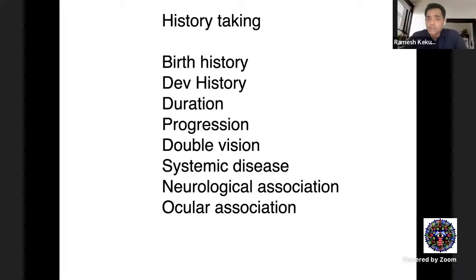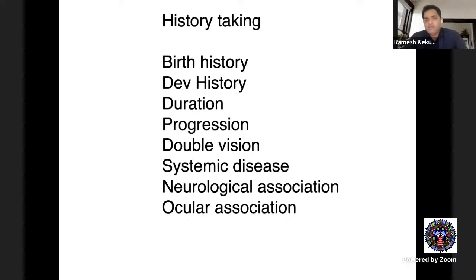History taking is also important in terms of any previous ocular or non-ocular surgery, including strabismus surgery in the past. Sometimes strabismus surgery history is not taken, and then we will associate it with some neurological disease. This has to be taken.